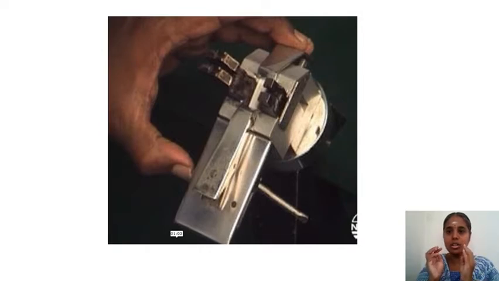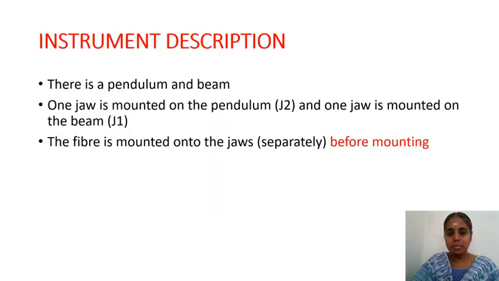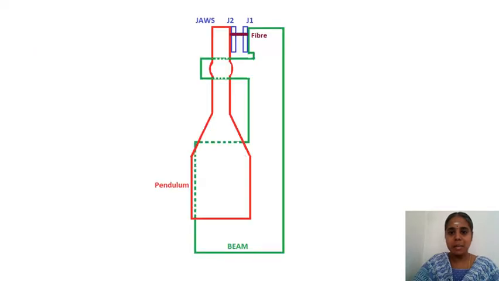One jaw holder on the beam and the other jaw holder on the pendulum. Before mounting, the fiber sample is placed in the jaws and then mounted onto the jaw holders in the pendulum and beam. Let us come back to the diagram. So these jaw holders with the fiber are prepared before and then mounted here.